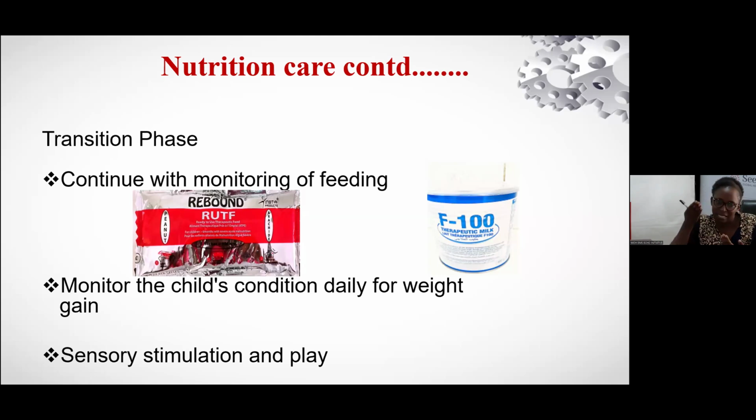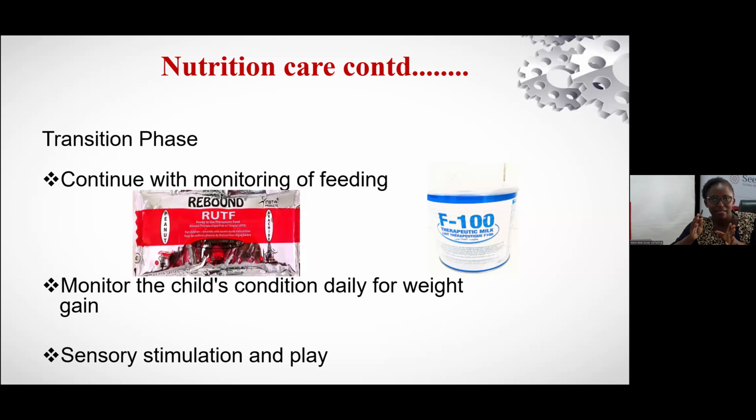If this child is not gaining weight while on RUTF, then you will need to think it through with the whole team, the doctors, the consultants, everyone needs to come and re-evaluate the child. The new guideline says, if the child is not gaining weight on RUTF, leave RUTF, go for F100 and monitor, and then go back to RUTF.